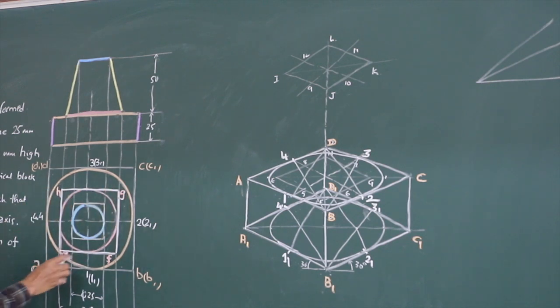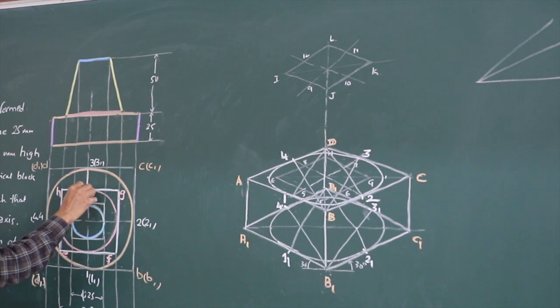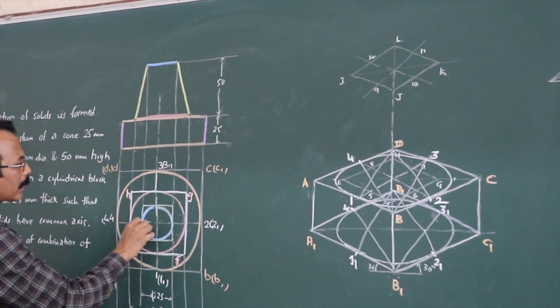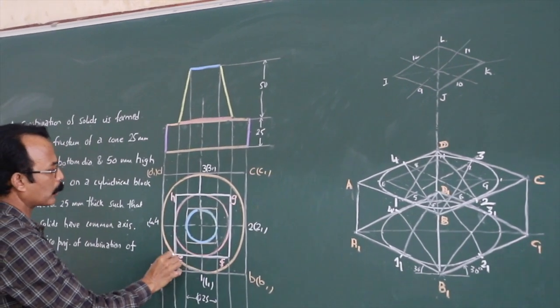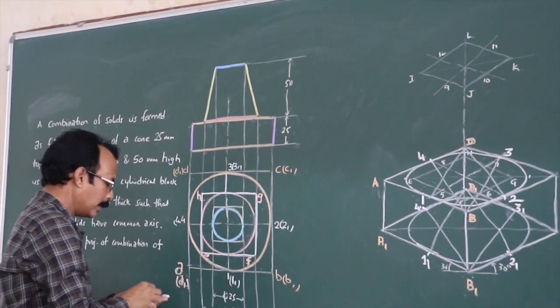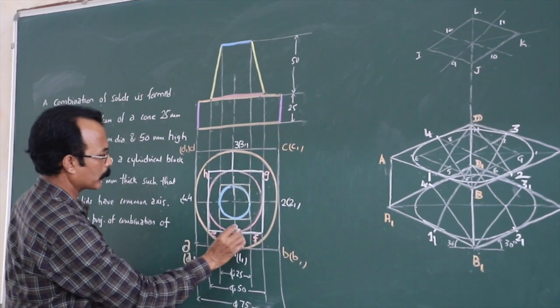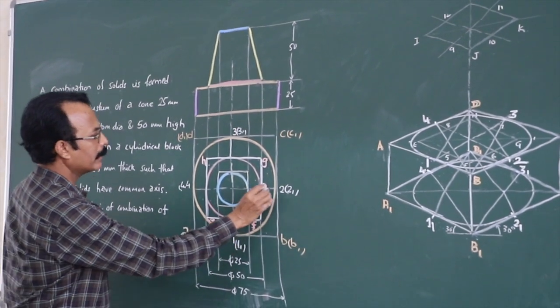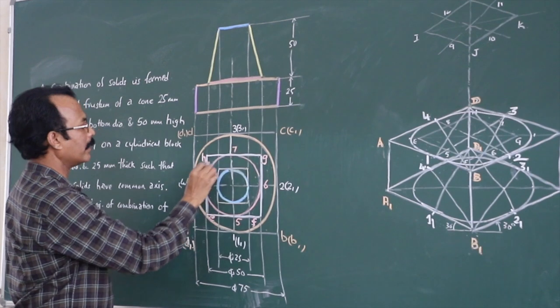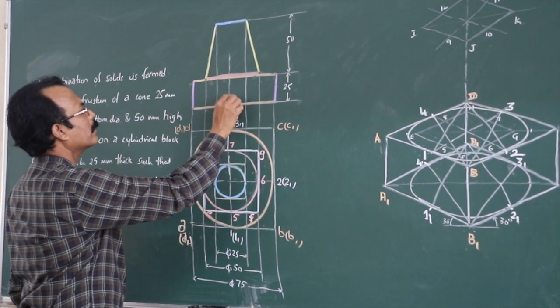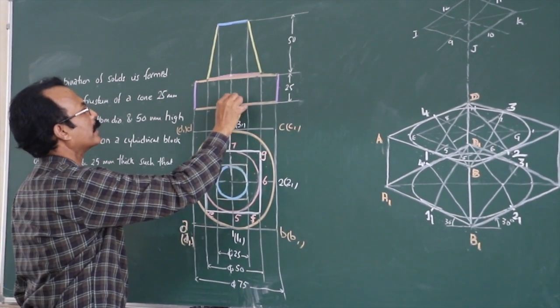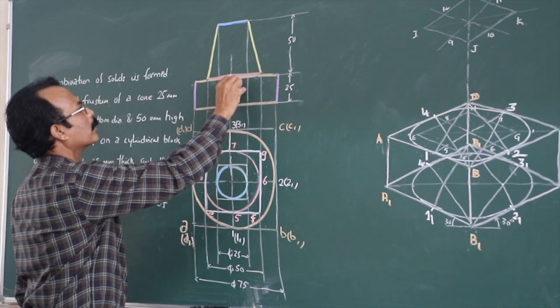And these points where the center lines are meeting this square E, F, G, H, you can call it as 1, 2, 3, 4 is over. This is 5, 6, 7, 8. Let us call this center as O1. This is your O2.